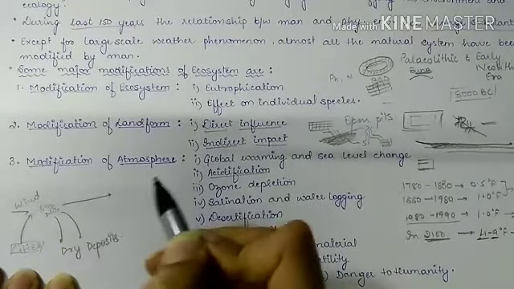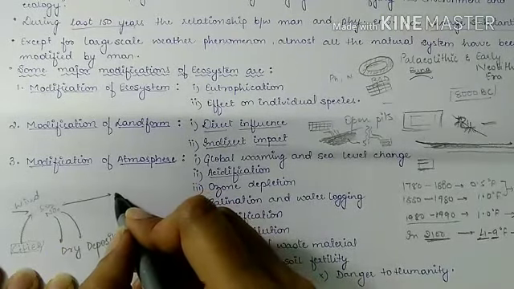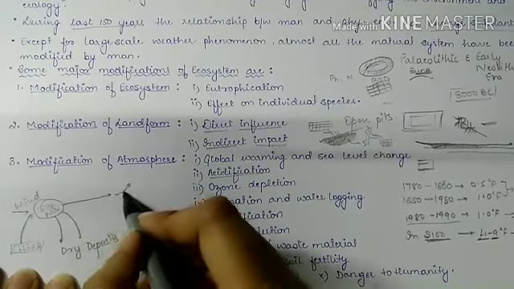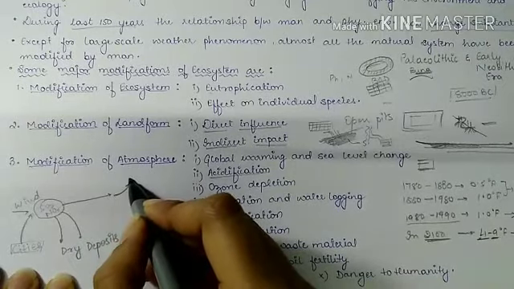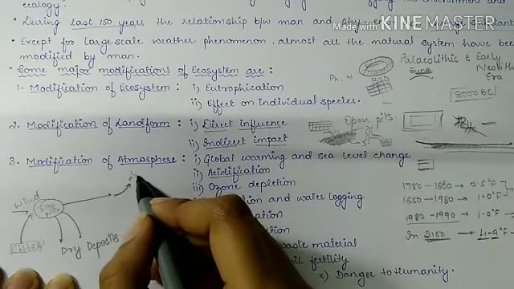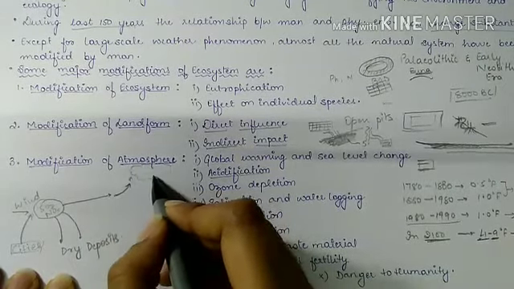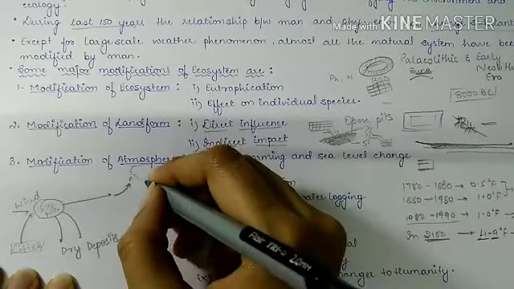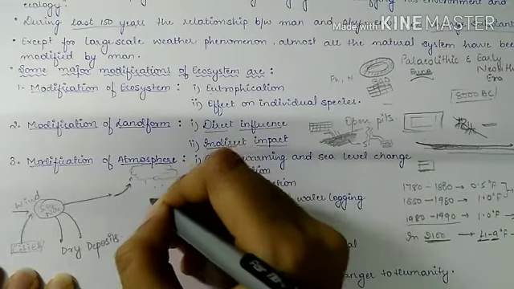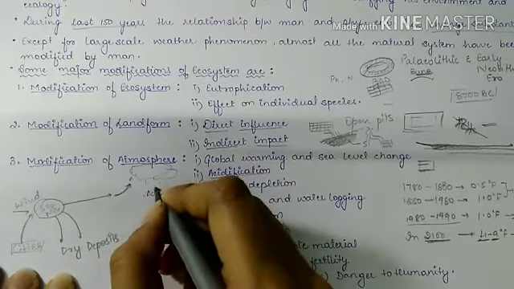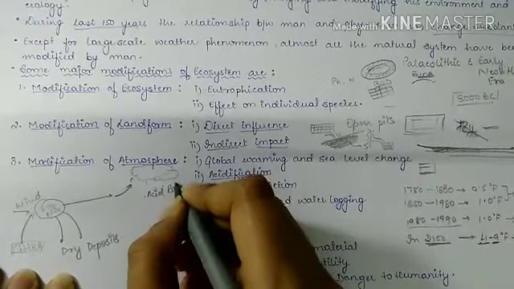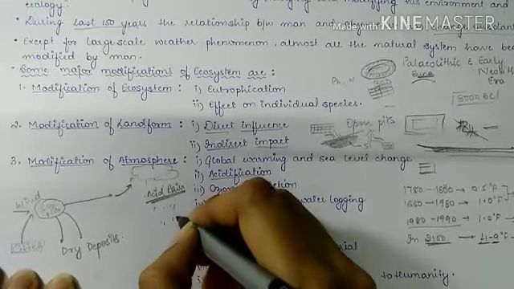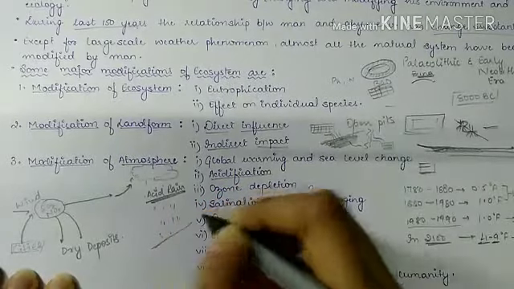Now because of movement and rising, these pollutants along with the air rise and condense, and because of condensation they form cloud. Now these clouds precipitate in the form of acid rain, and this leads to the deposition of bad deposits over this area.